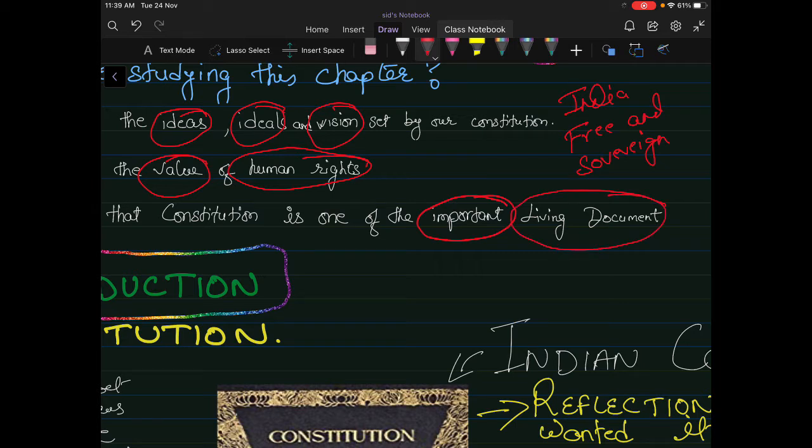So living document simply means the constitution has effect on everyone in our day-to-day lives. Okay, it is affecting everyone in our day-to-day life. So that is the meaning of living document, and we need to understand that the constitution is one of the most important documents, and there is no other document above the constitution.